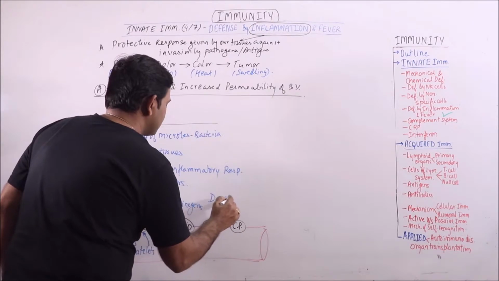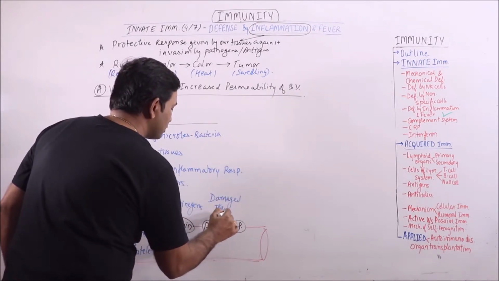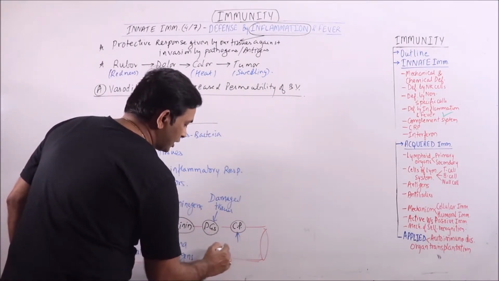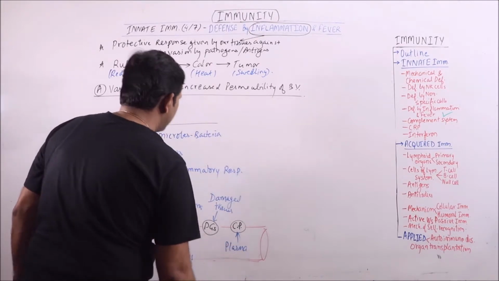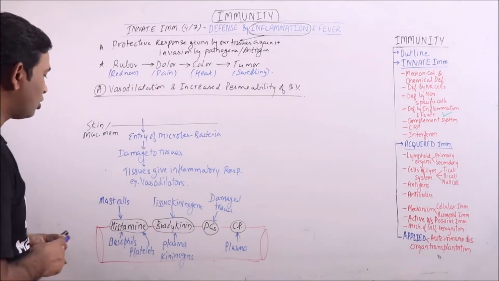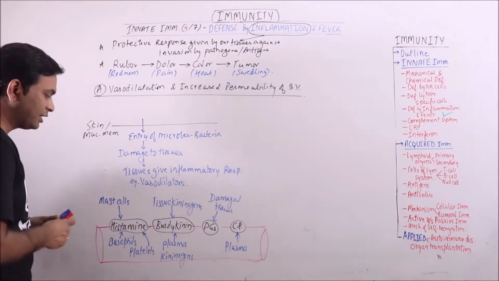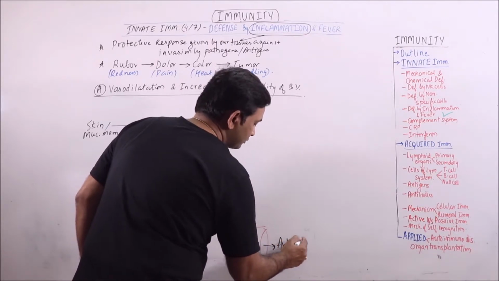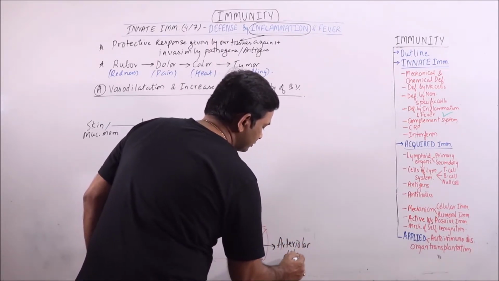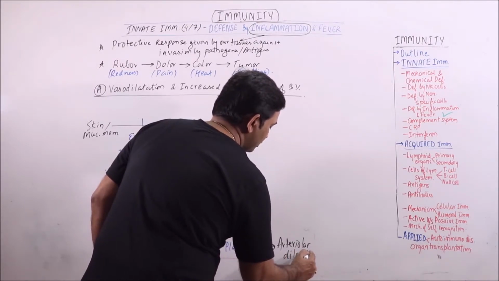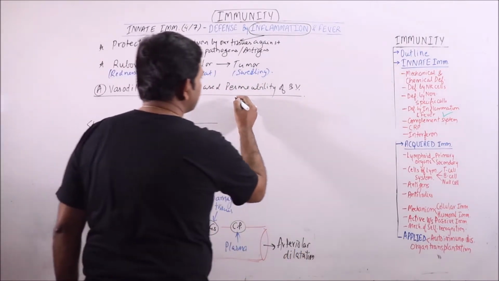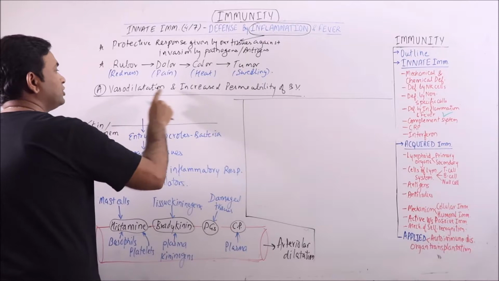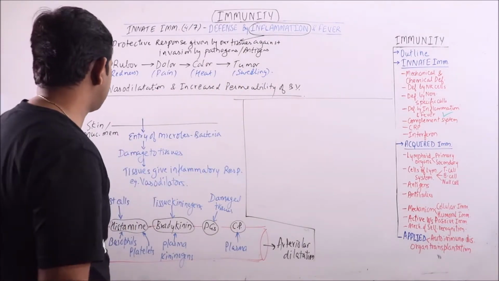Damaged tissues contribute prostaglandins, and obviously the complement proteins are contributed by plasma, and all of these vasodilators will finally result in arteriolar dilatation. So first step is vasodilatation and increased permeability of blood vessels.